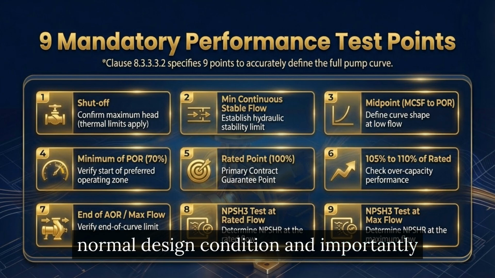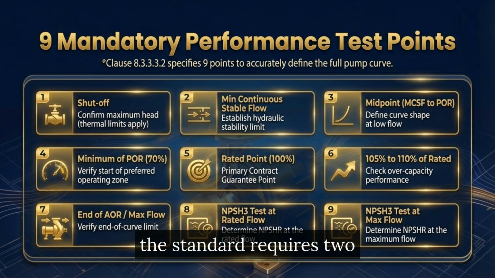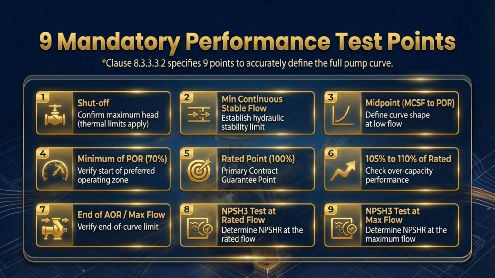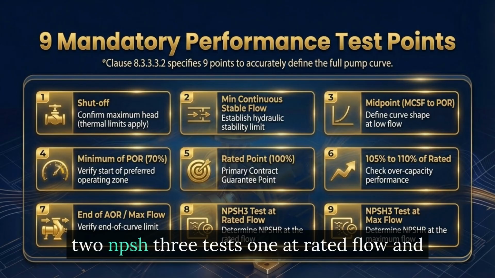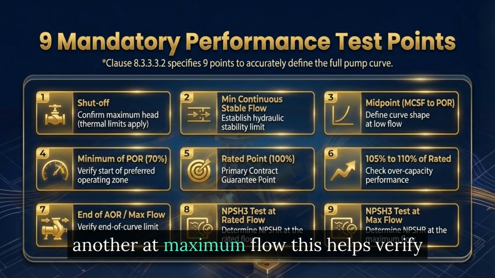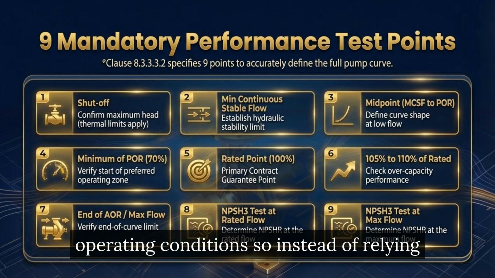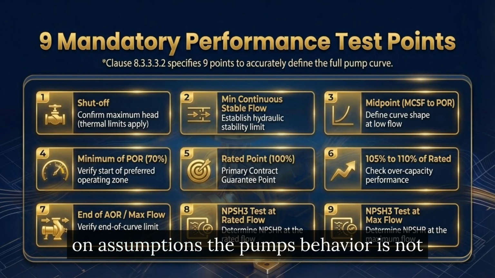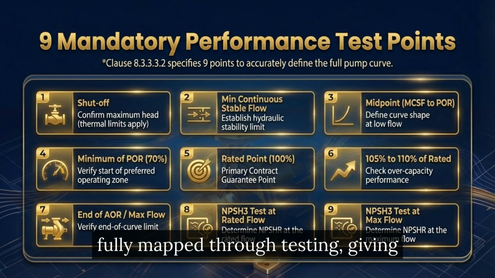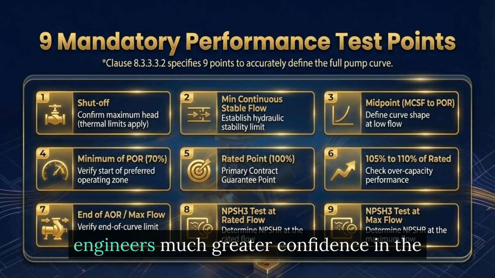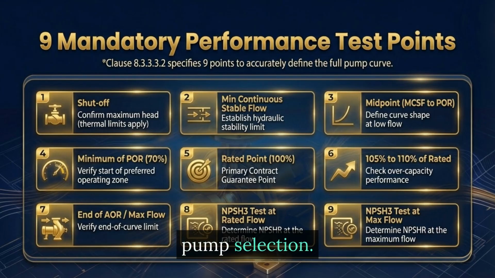And importantly, the standard requires two NPSH3 tests, one at rated flow and another at maximum flow. This helps verify suction performance under different operating conditions. So, instead of relying on assumptions, the pump's behavior is now fully mapped through testing, giving engineers much greater confidence in the pump selection.